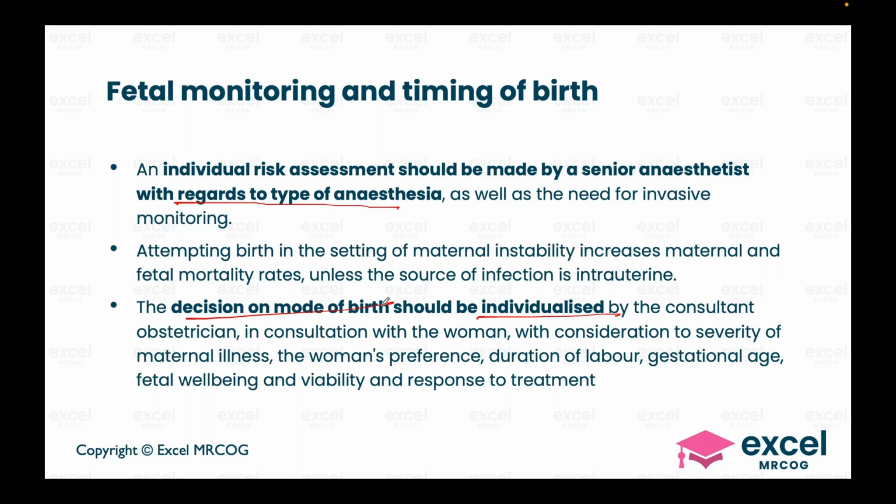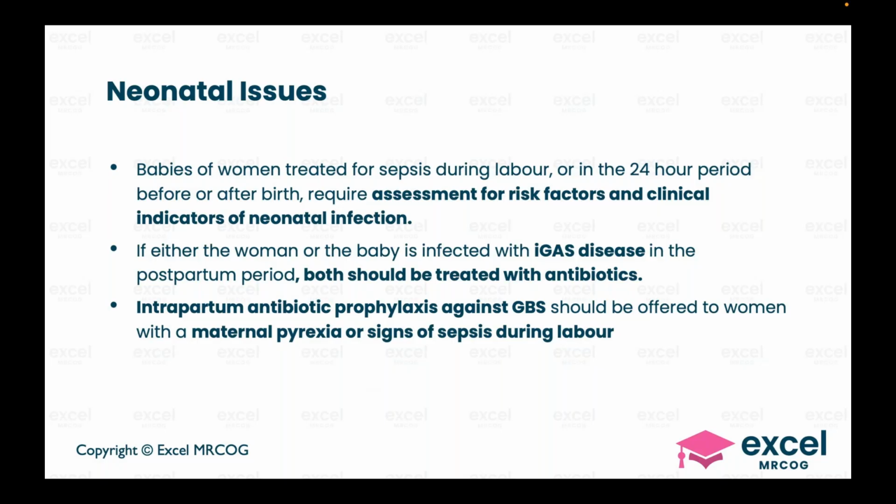Okay. So neonate, remember, as far as antibiotic prophylaxis for baby is concerned, you do not directly start, but you assess the baby if there is infection in the mother or sepsis in the mother within the 24 hours prior. However, if the mother or baby is having GAS infection, both should be treated. I repeat, this is a potential question.